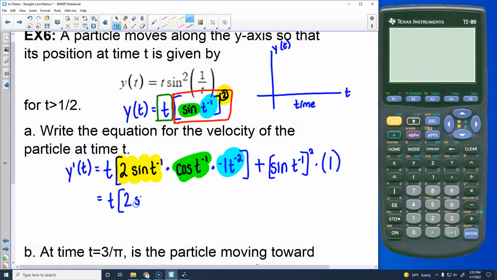Alright, I'm going to change all of these t to the negative 1s back to 1 over t's. Just because, let's put a negative here. And that t, let's go down further actually.